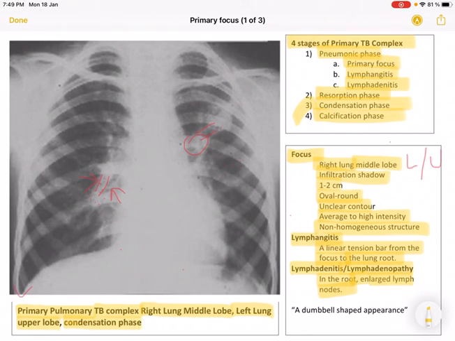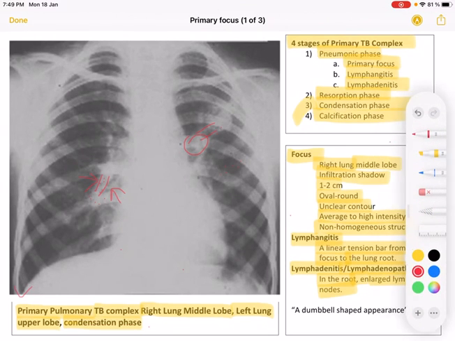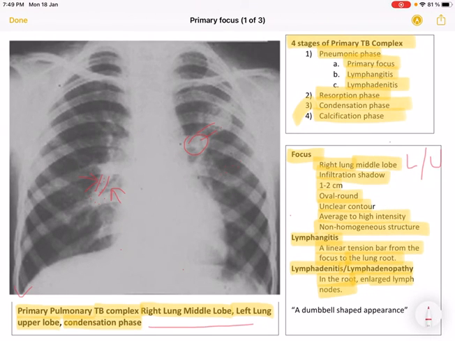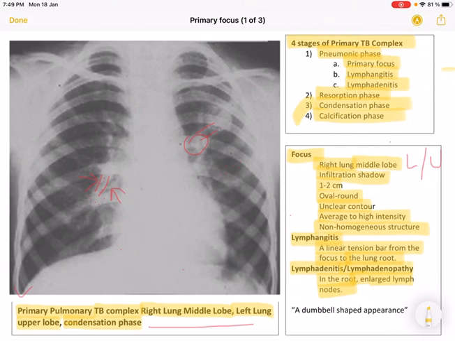Condensation phase. And if you find some sort of complication, you can also write the complication here. That would be the clinical scenario. So this is how we can present the X-ray as a radiologist, or as a result of pulmonary TB.